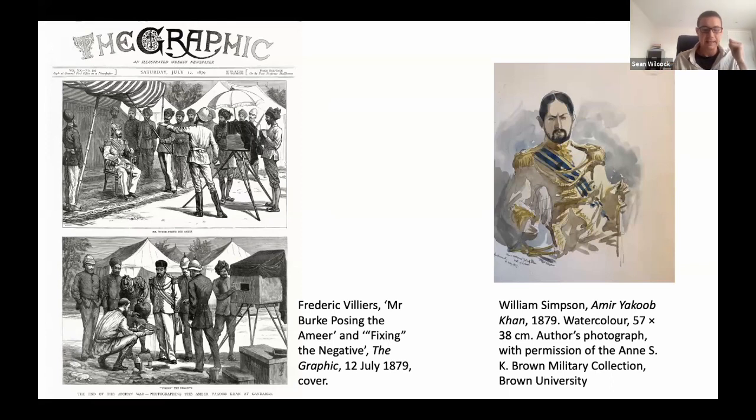The key documentation we have of this portrait event, besides the actual images, comes to us by none other than William Simpson, who supplemented his income as an artist by writing reports for the Daily News, one of which was titled "Photographing the Emir." So we see that these acts of posing, these acts of image making, were themselves considered to be newsworthy episodes.